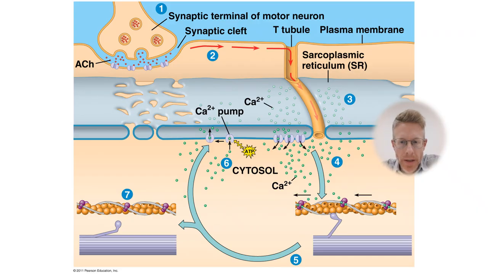So just zooming in a little bit on this image here, the orange protein is the actin, and the purple one with the oars on it, with the myosin heads, the thick one, is the myosin. So we have the thin actin and we have the thick myosin. And on the actin there are binding sites for those myosin heads. Those binding sites are normally blocked by a protein called tropomyosin.